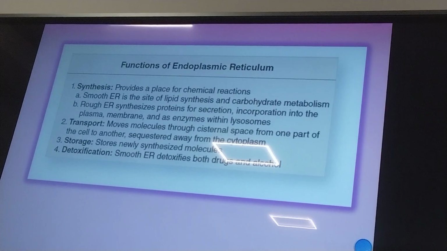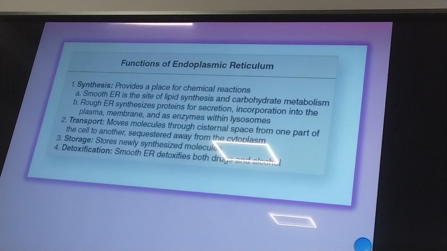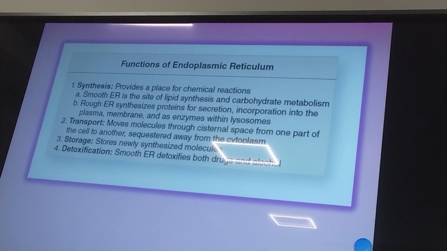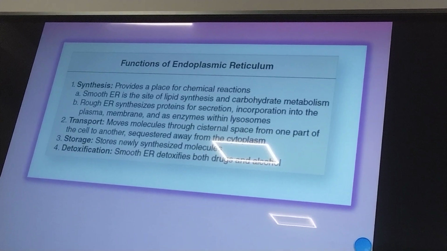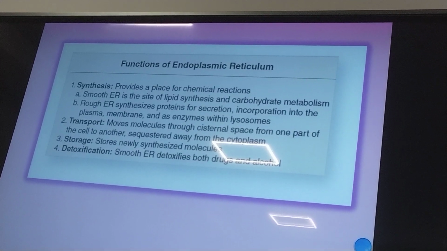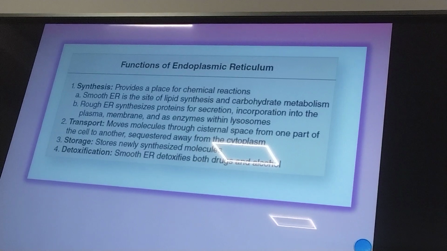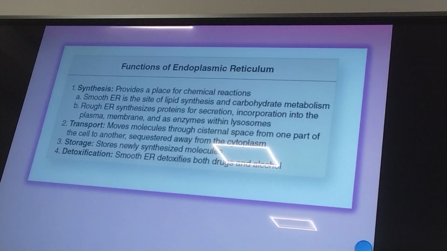Okay, so storage of the calcium and also newly synthesized molecules, and transport. Some of the molecules move through the cisternal space from one part of the cell to another. So the cisterns of the smooth endoplasmic reticulum can be used as a transport of the molecules inside the cell.